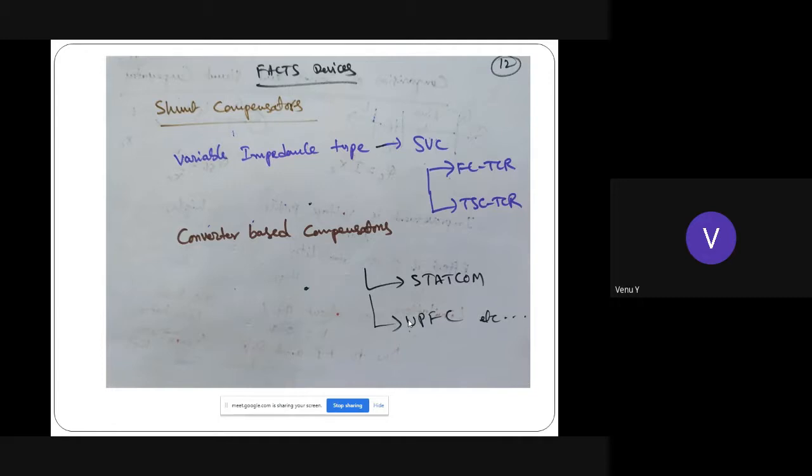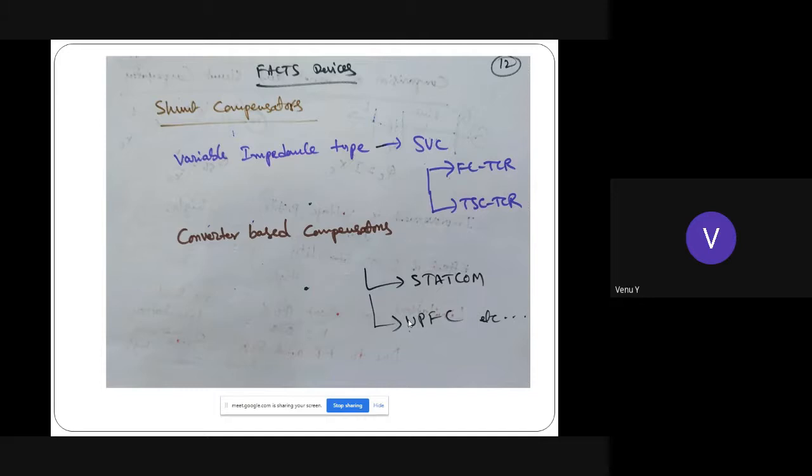That is also a major drawback. All these drawbacks mean that the SPM may not be suitable for many applications, and hence you need to go for advanced compensators, FACTS devices.